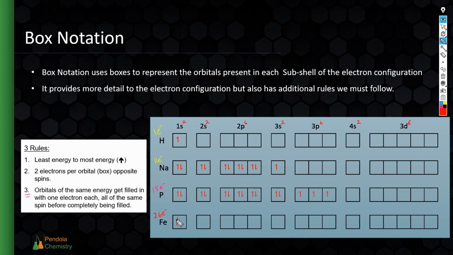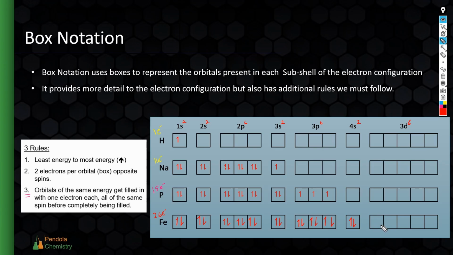So this is going to be 1, 2 for the 2 in the 1s, 3, 4, the 2 in 2s, 5, 6, 7, notice how I'm putting 1 in each, 8, 9, 10 for the 2p, 11, 12, that's 3s, and 13, 14, 15, 16, 17, 18, 3p, 19, 20 for 4s, and then the 6 that we put in the 3d.